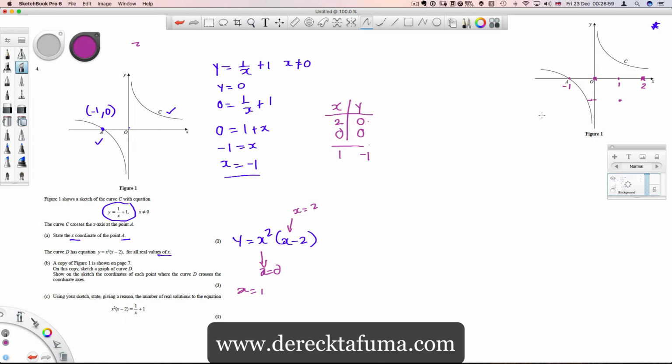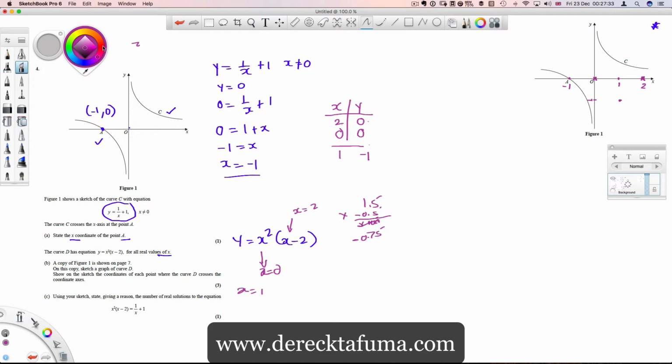If we put x is say 1.5, then we've got 1.5 minus 2, which is minus 0.5, times 1.5 squared. That's about 1.1 negative, so it's somewhere there, which means it's doing that.